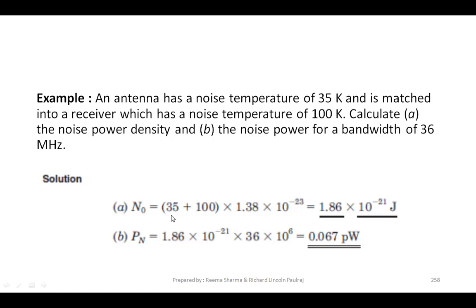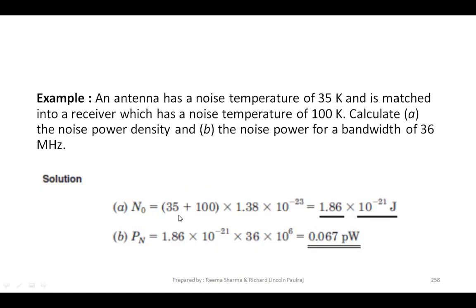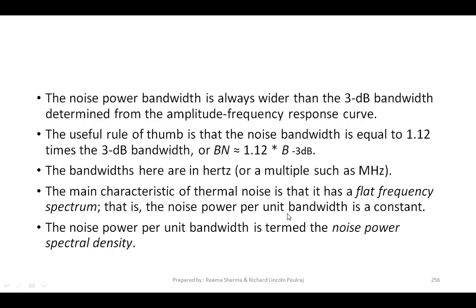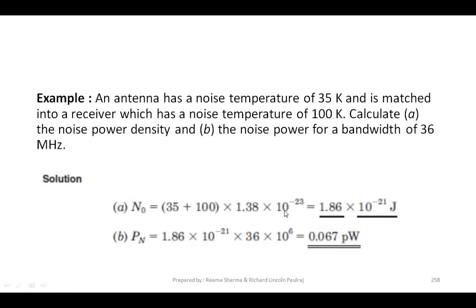We know the formula: N naught is equal to 35 plus 100. 35 is the antenna noise temperature and 100 is the receiver noise temperature it is matched into, so I add both and multiply by the Boltzmann constant. Once I do that, I get my N naught.